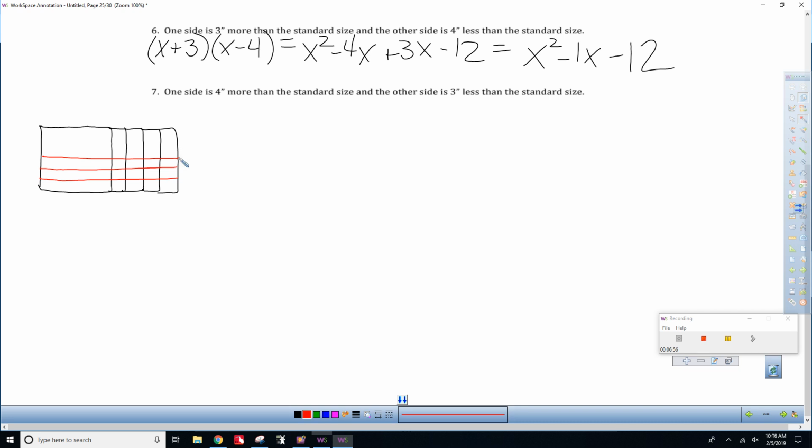So eventually we're going to take out all of these red blocks. What you see in black is the actual rectangular surface, I think. So this was X minus 3, this was X plus 4.